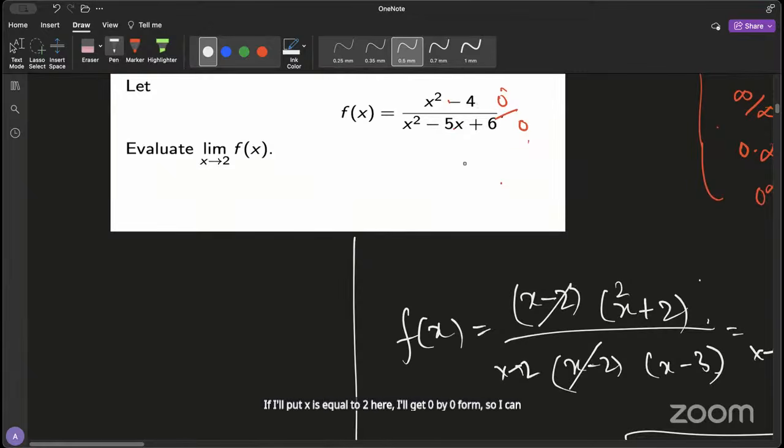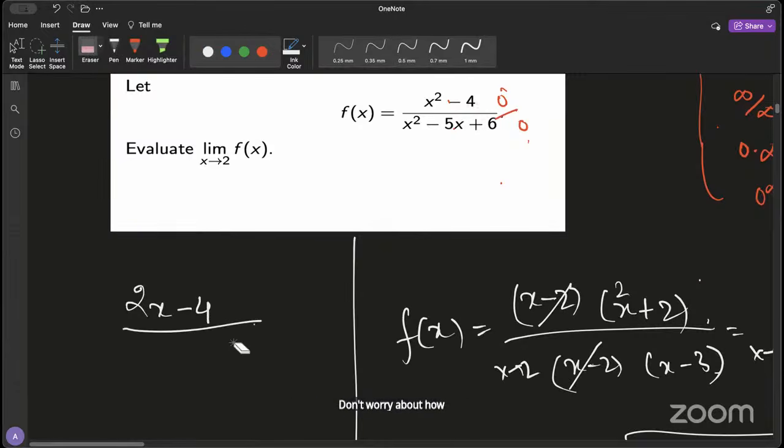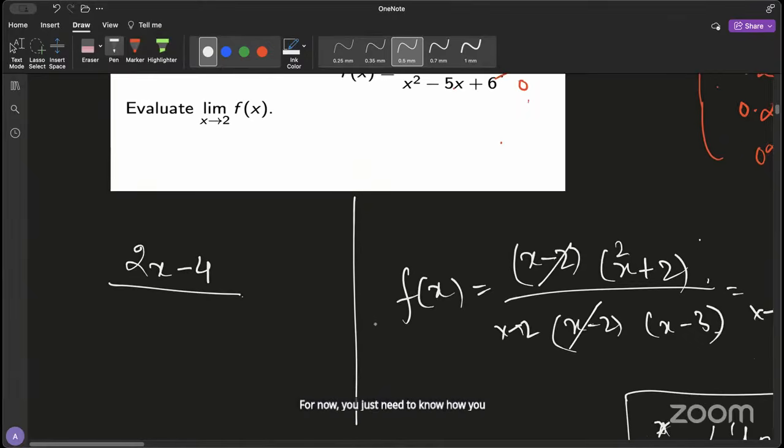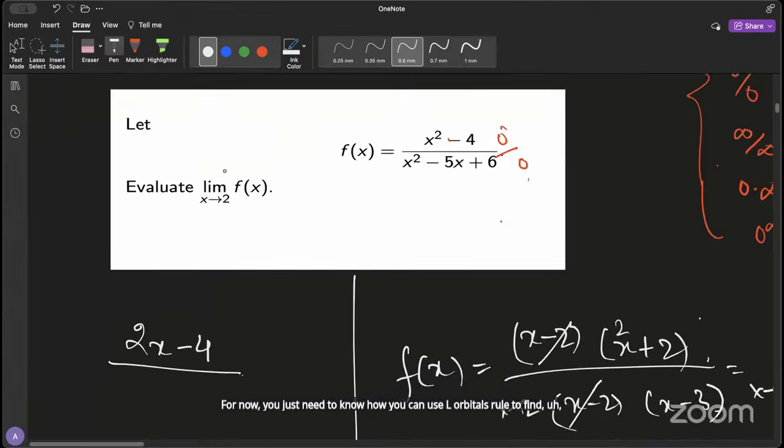So I can use L'Hopital's rule, which says take the derivative of the numerator. For the numerator, the derivative is 2x minus 4. Don't worry about how to find the derivatives because you will study that next week, week 8. For now, you just need to know how you can use L'Hopital's rule to find the limits.